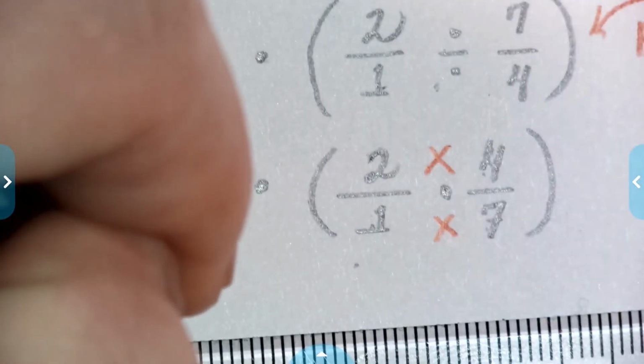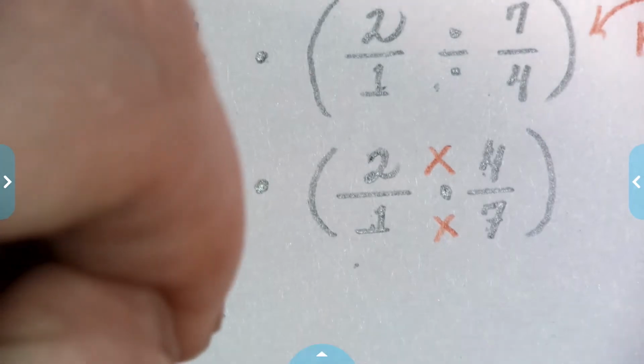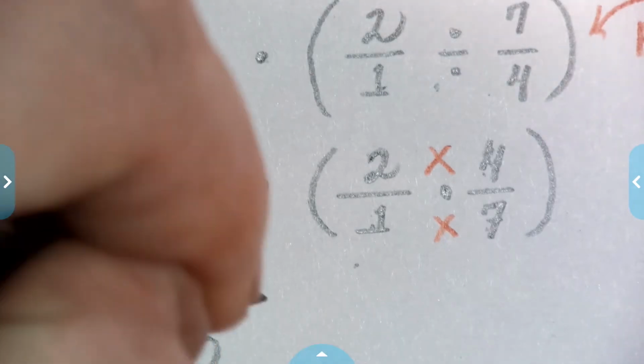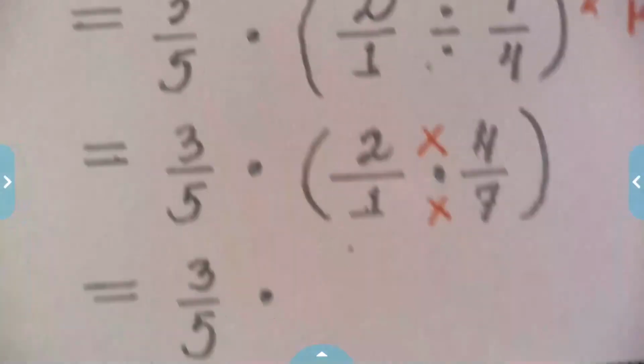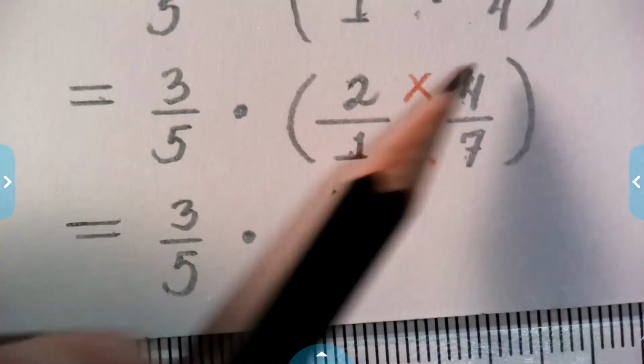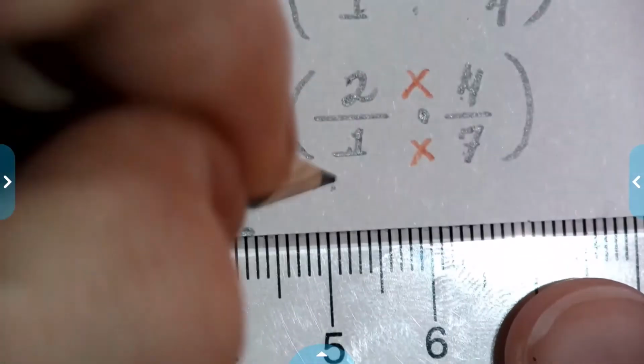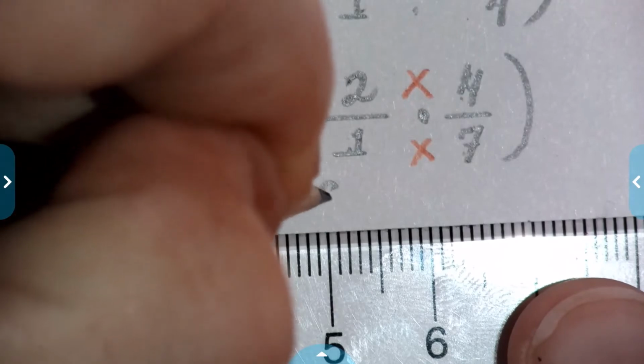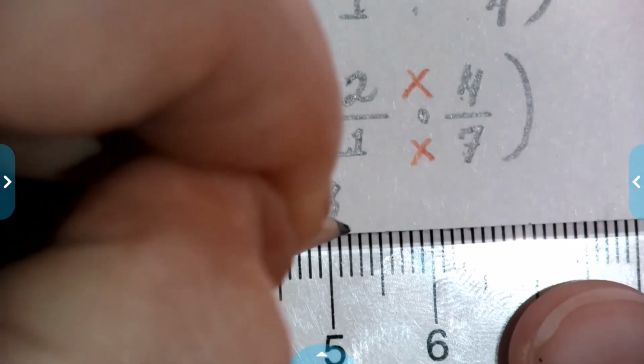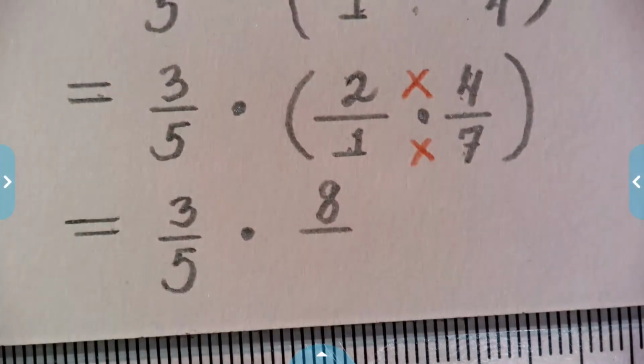So now I've got 3 over 5 still coming down, unchanged, times, well, 2 times 4 is 8. That's my numerator. Over 1 times 7, big brain time, is 7.